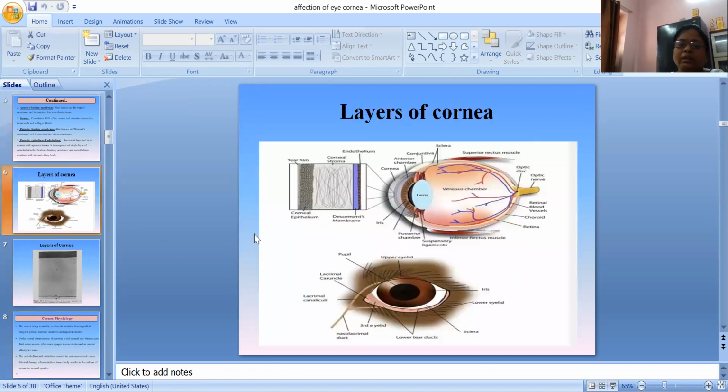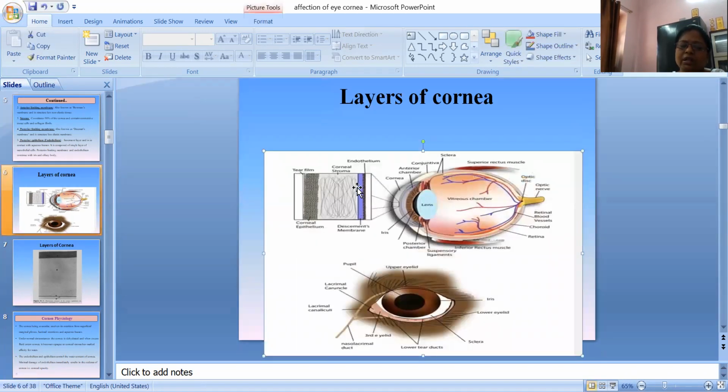You can see here Descemet's membrane. This one is cornea. These are the 5 layers of cornea. You can see endothelium, corneal stroma, then Descemet's membrane. Here also corneal epithelium.